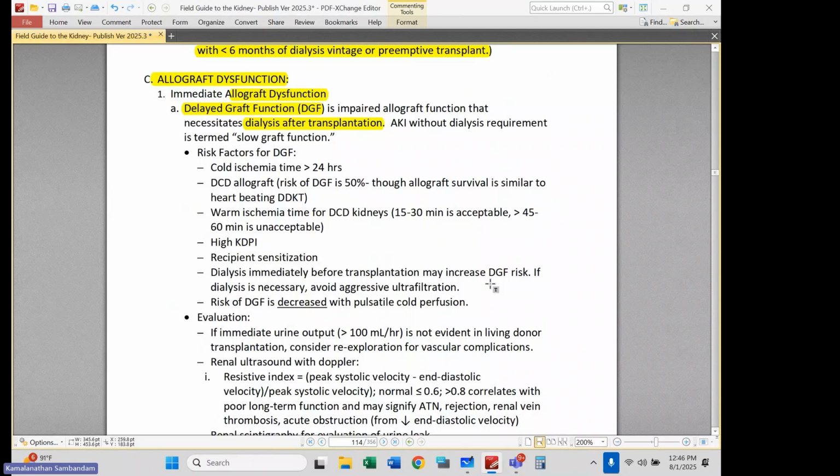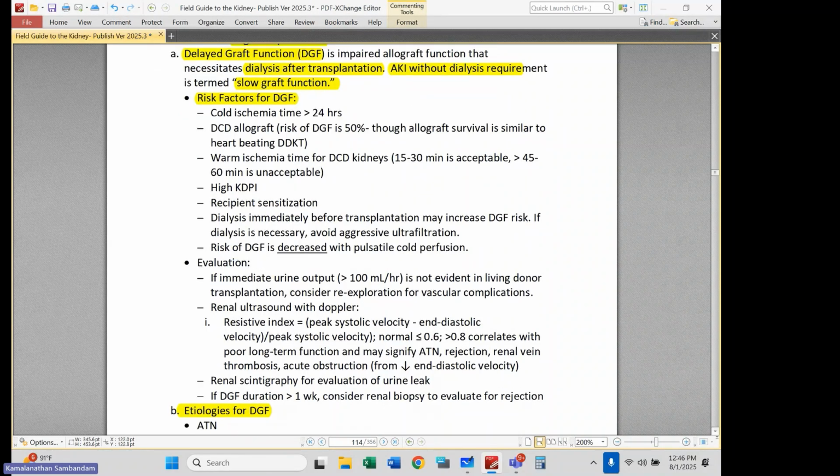Some would say acute kidney injury or allograft dysfunction that doesn't meet that criteria of needing dialysis, some might call that slow graft function. That's an informal term though. DGF is an official, reportable event for the transplant center. If you need dialysis after transplant, then that is defined as DGF.